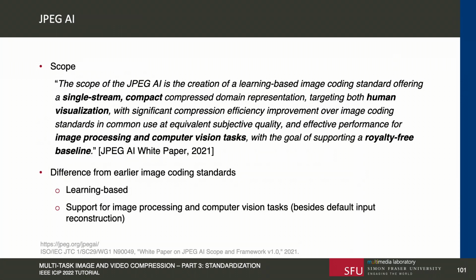So the scope of JPEG AI is to create a compact, compressed domain representation that's targeting both the default task, input reconstruction for human viewing, as well as enable effective performance on other image processing and computer vision tasks. And so the main differences, if you will, compared to earlier image coding standards is that it's going to be learning based and support multiple tasks. So not just input reconstruction, but other tasks as well.